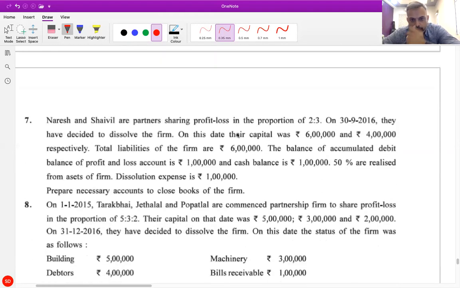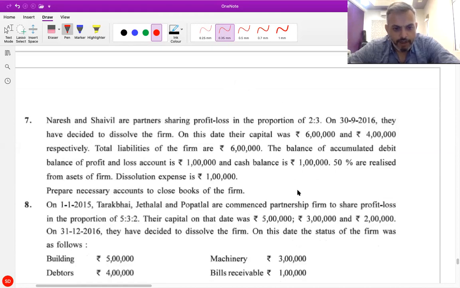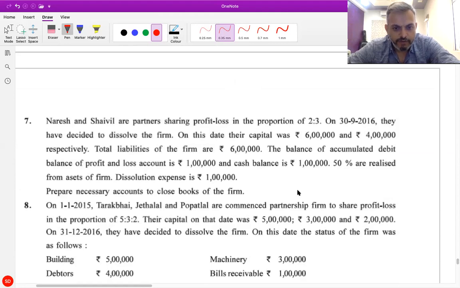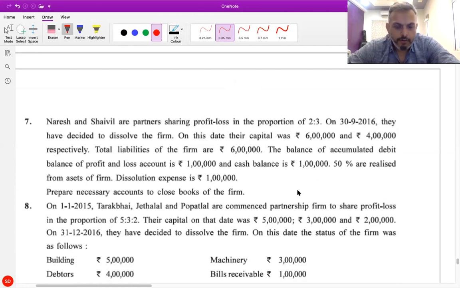Okay, now come to the seventh one. Now the seventh one, you have to prepare necessary accounts to close the books of the firm. Information is scattered because balances are given. So first you will have to make a balance sheet, and then you start closing it.